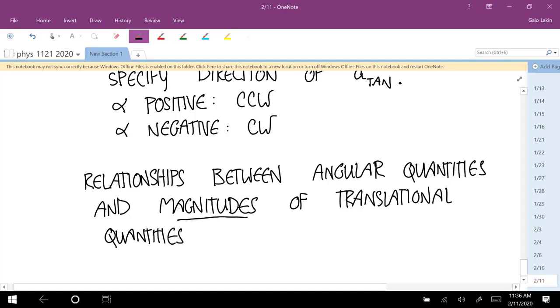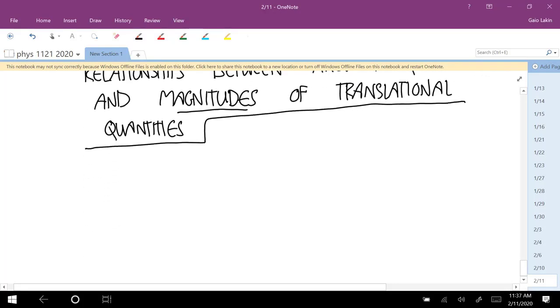So remember, by just understanding what the directions mean, we can already figure out the directions of the translational quantities from the signs of the angular quantities. So all we need then is the magnitudes, and this is how we get the magnitudes. The first one, I'm going to call the zero one. We're not really going to use this, that's why it's in parentheses.